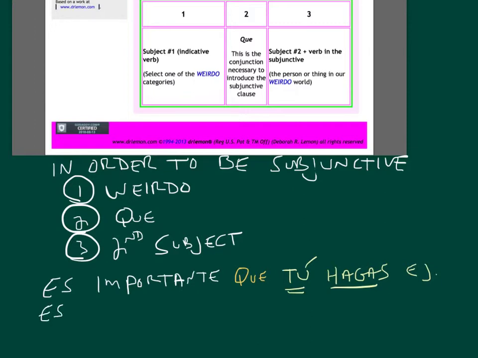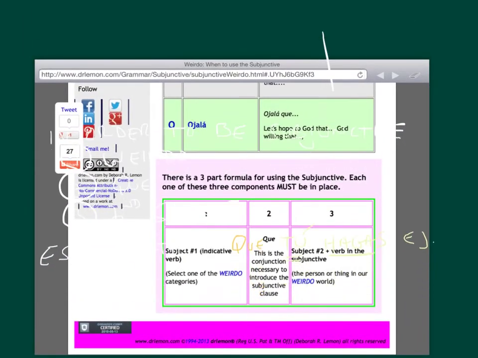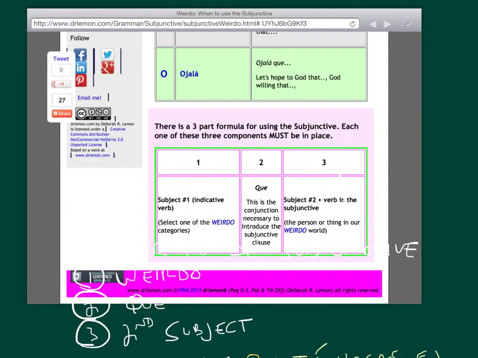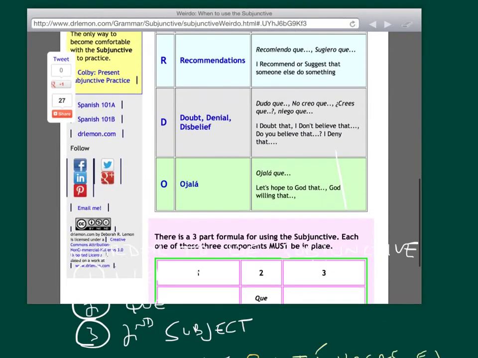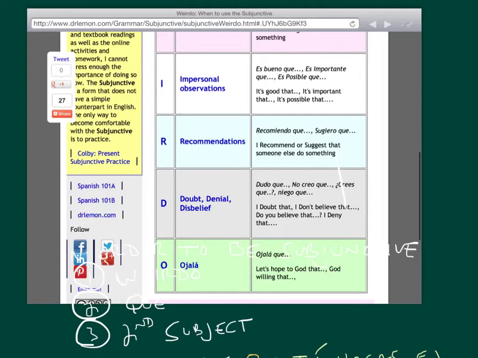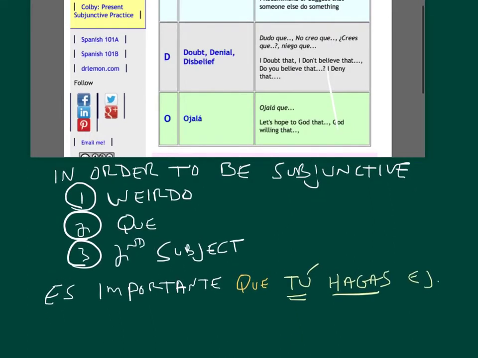And to give you a different example, let's take dudo que.